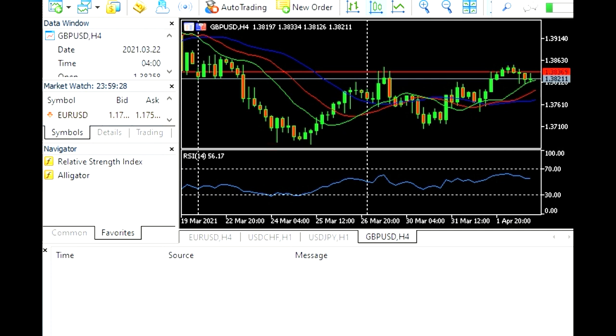In my opinion, it's really easy to determine the trend of the major currency pairs. So I always use major currency pairs.